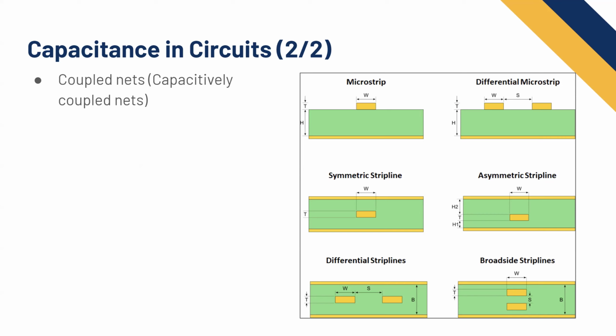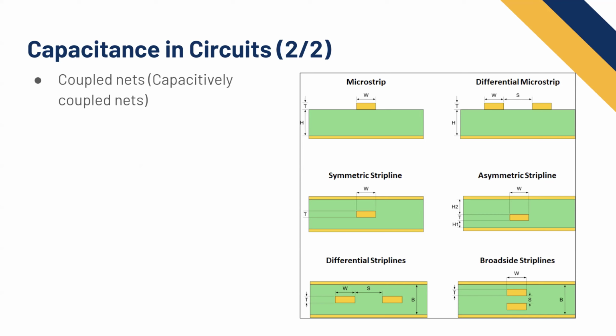So as the area between two conductors gets bigger, the area they overlap, you're going to have more capacitance. As the distance between them shrinks, you're going to have more capacitance. As the distance increases, because it's in the denominator, capacitance decreases. As the area shrinks, there's less capacitance.